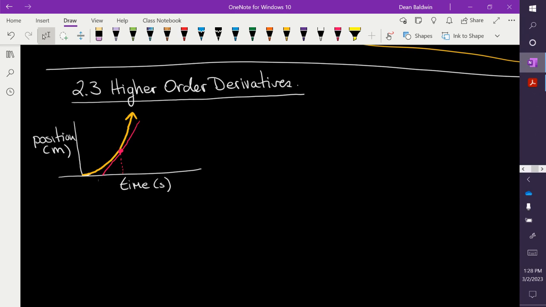What does the derivative represent? Slope at the exact point. The slope at the exact point of the tangent line. If the slope is rise over run, right? This is your tangent line. And it has slope of rise over run. The rise is measured in what units?